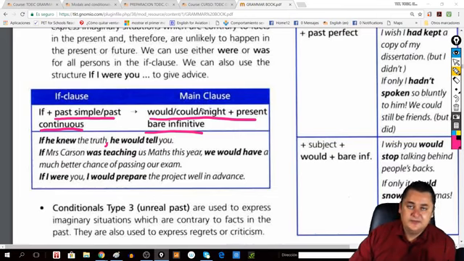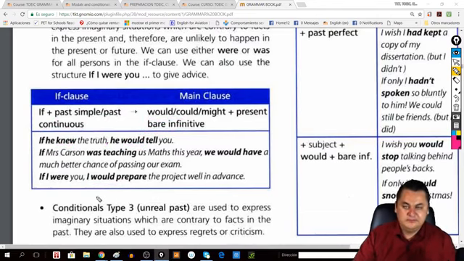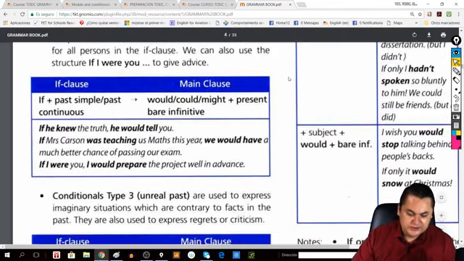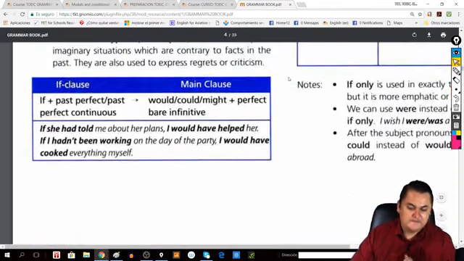Would, could, might, all the modal verbs I talked about previously can be included. For example, if he knew, that is simple past, he would tell you, that is the modal verb. And if I were is the simple past, I would is the modal. Basically, that's what you need to know. I want you to know the structure. I want you to remember this part.